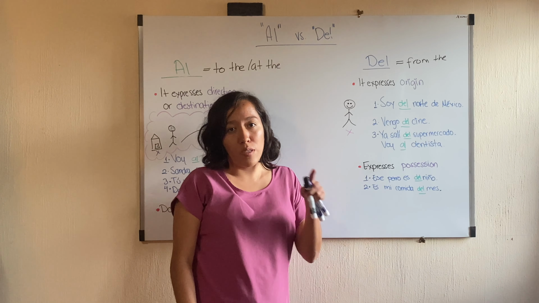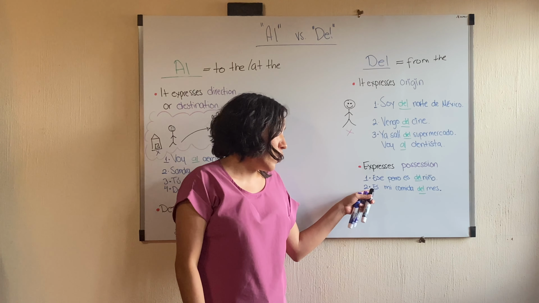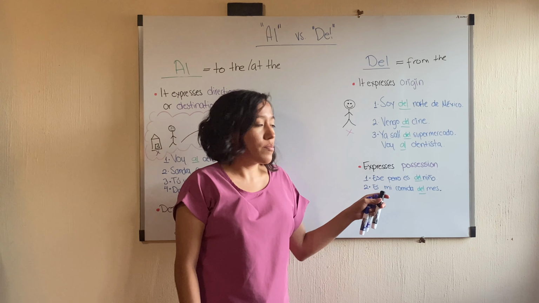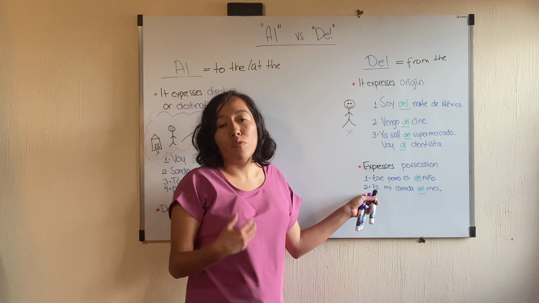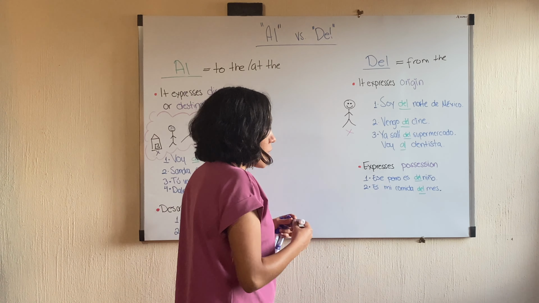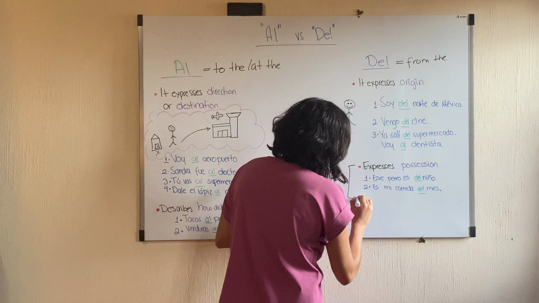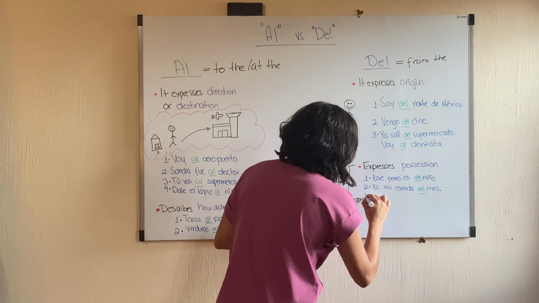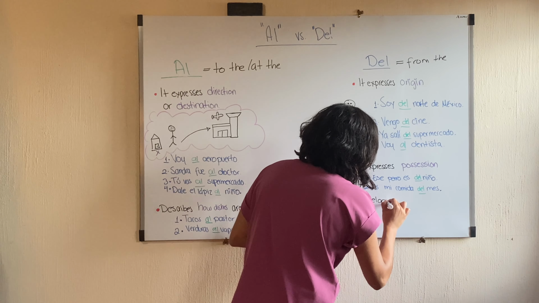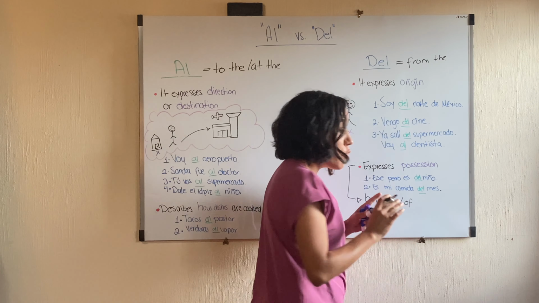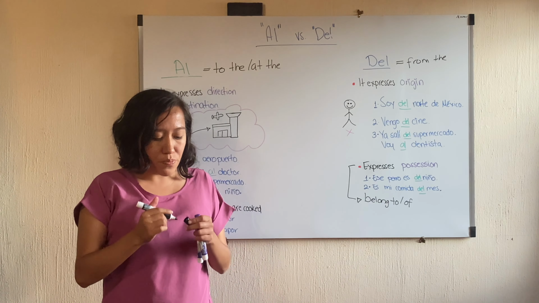That dog belongs to the kid. Or another example, es mi comida del mes. It's my food of the month. So in this case, you can see that the translation of del is going to vary and is going to be belongs to or of if you're talking about possession.